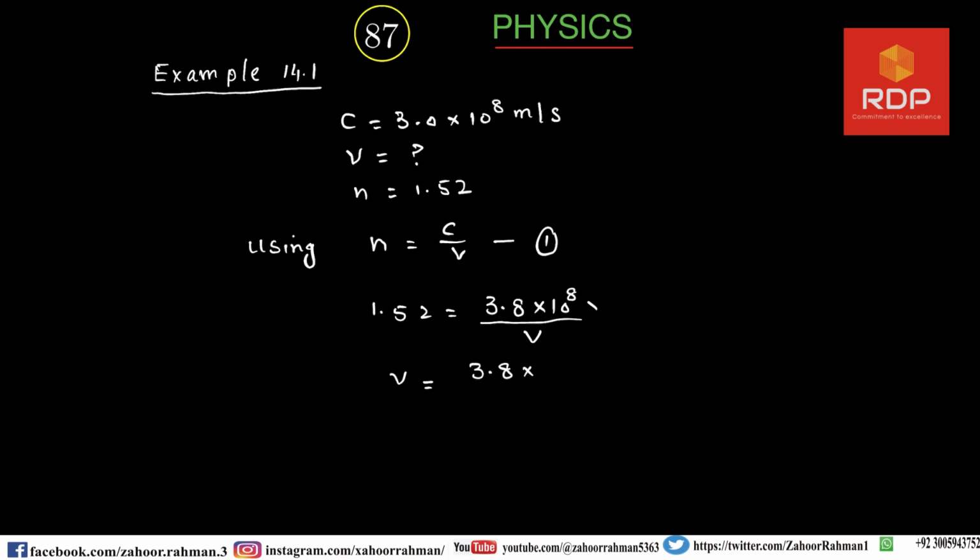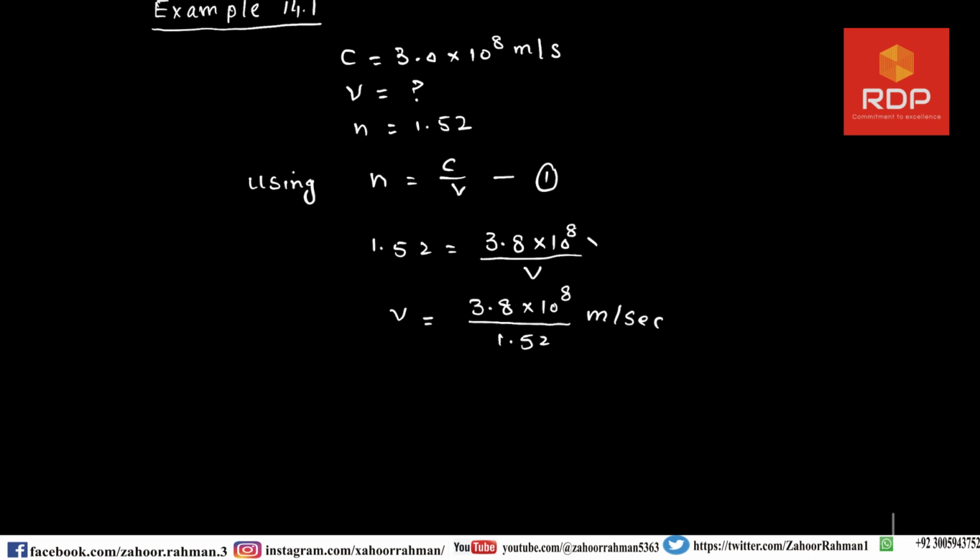So we can write this equation as v equal to 3.0 into 10 raised to the power 8 divided by 1.52, meter per second. Similarly, we can write that as 3.0 divided by 1.52 into 10 raised to the power 8 meter per second.